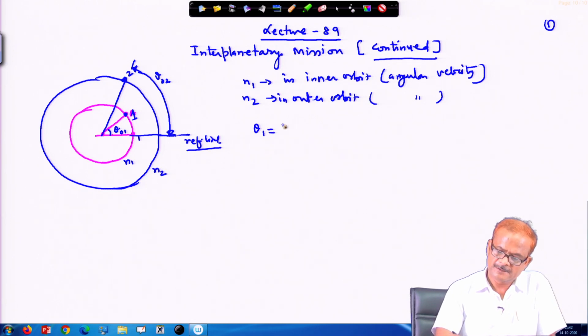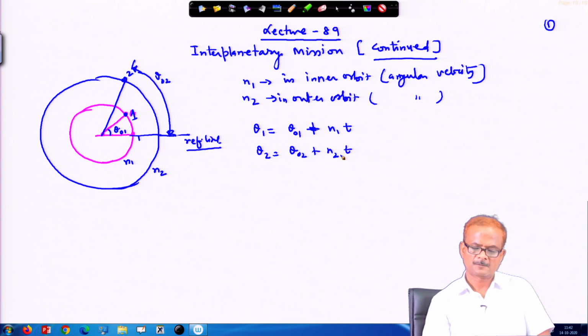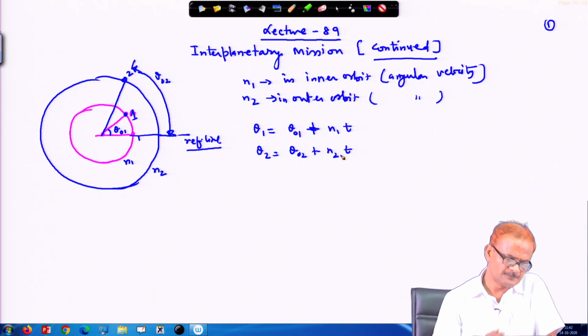So, with the reference line, the angle for these two planets can be written as theta 1 equal to theta 0 1 plus n 1 t and theta 2 equal to theta 0 2 plus n 2 t. So, these are the positions, which is very simple.